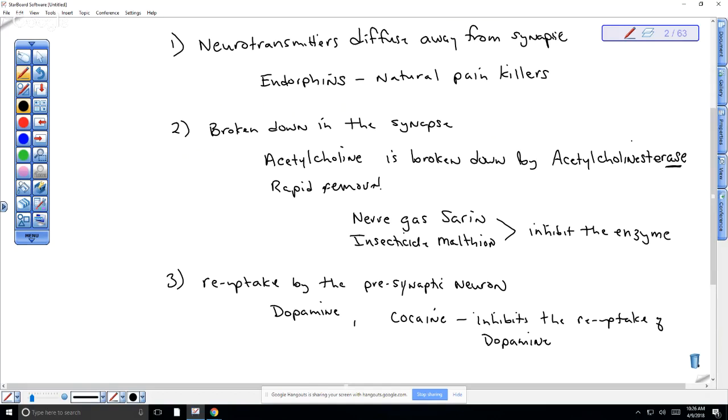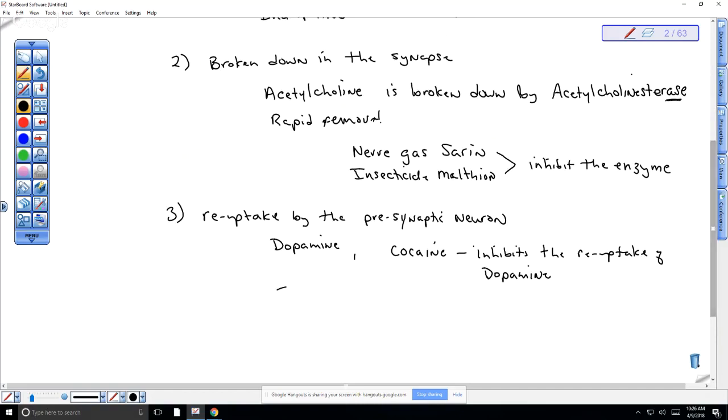But then we also have serotonin. So this tends to be inhibitory. And then we have what are called SRIs. So these are serotonin reuptake inhibitors.